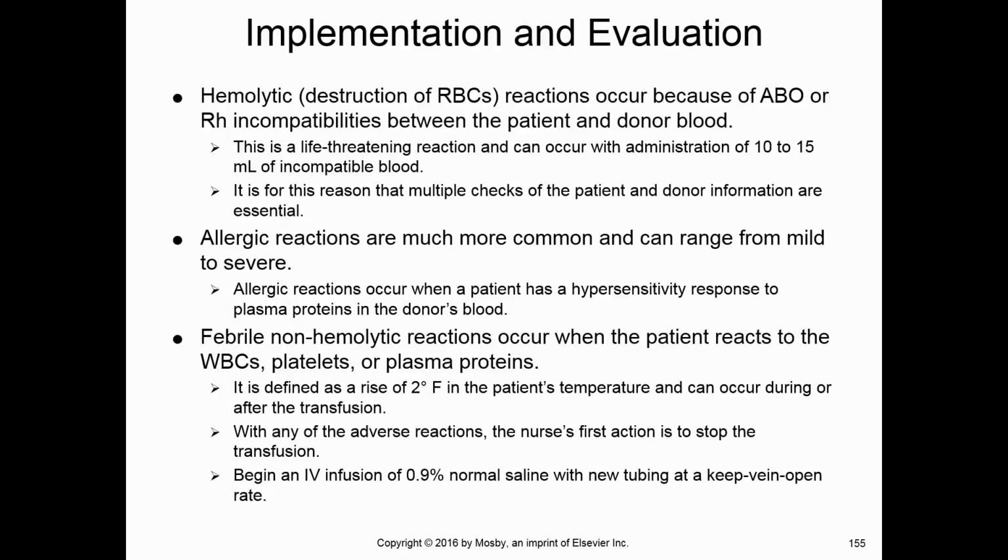Okay, allergic reactions, so the patient can have an allergic reaction or a sensitivity to the plasma proteins in the donor blood. So depending on how severe those are, we may need to stop and treat the patient.